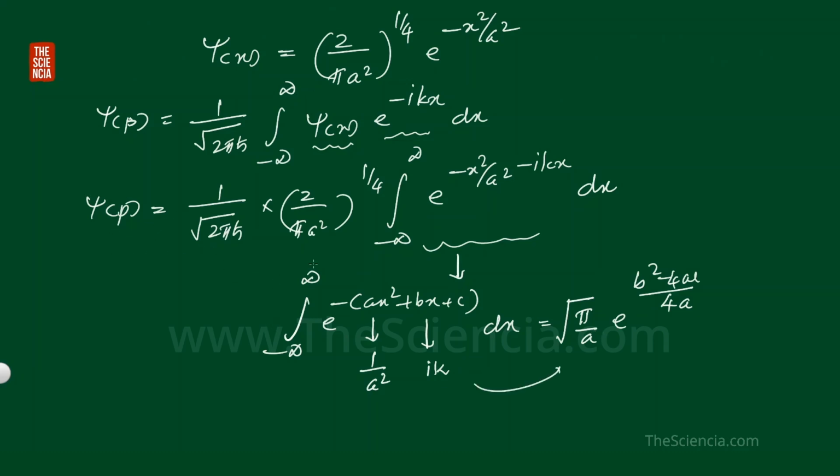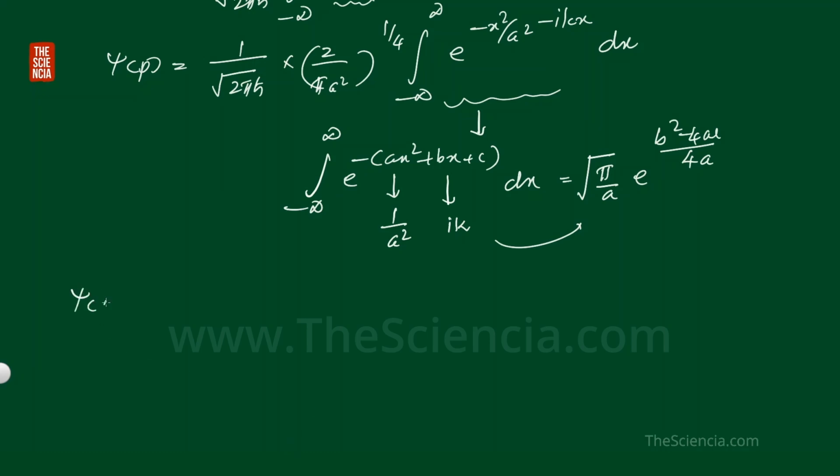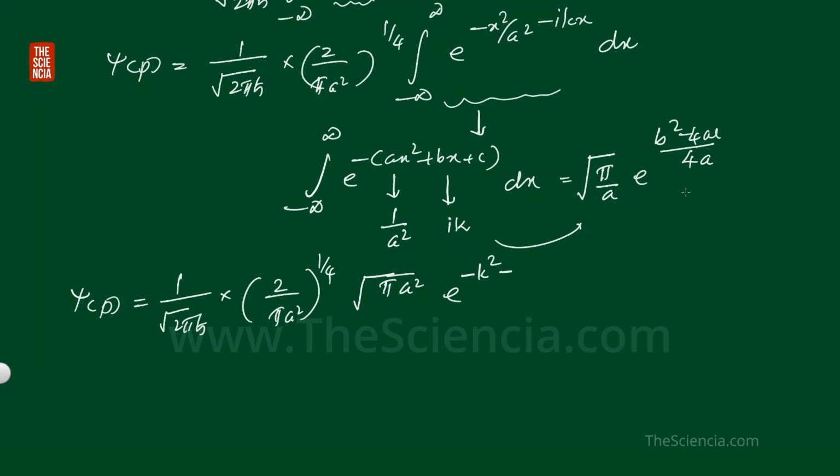That is psi of p is equal to 1 by root 2 pi h cross into (2 by pi a square) all raised to 1 by 4 into integral value is root pi by a. Here a is 1 by a square, so it is root pi a square into e raised to b square. B is ik, so when we are taking square, it will be minus k square, minus 4ac.